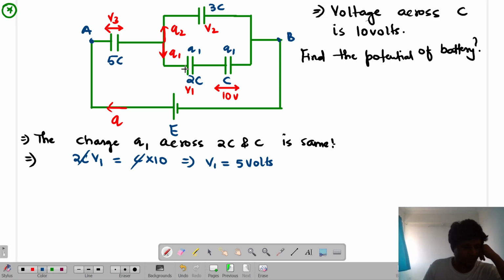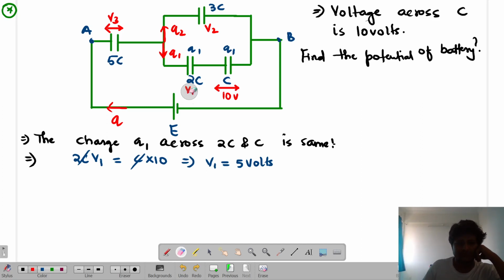Wait, one second. See, Q1 is the same on this and on this. So Q1 is 2C into V1, which is C into 10, so V1 is 5. Now look over here: if V1 is 5, then this is 5 volts.